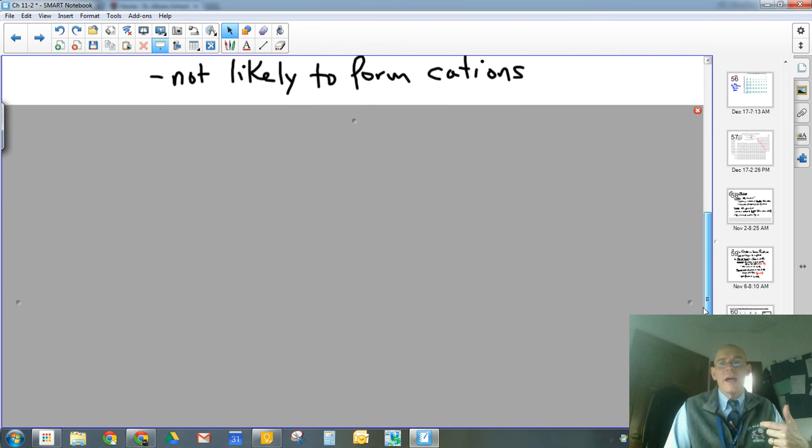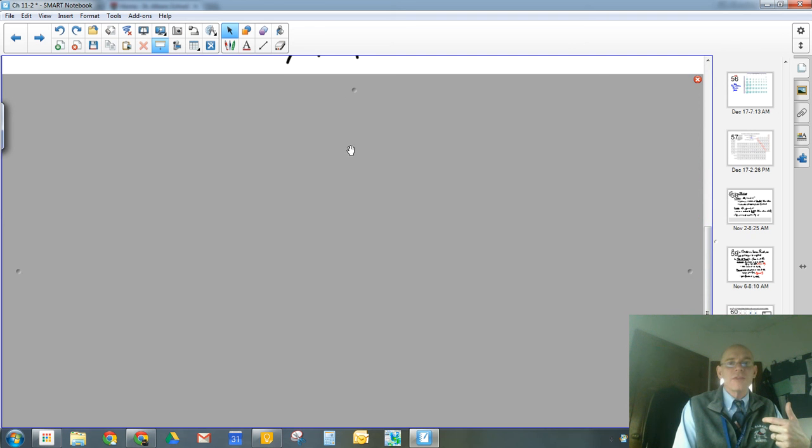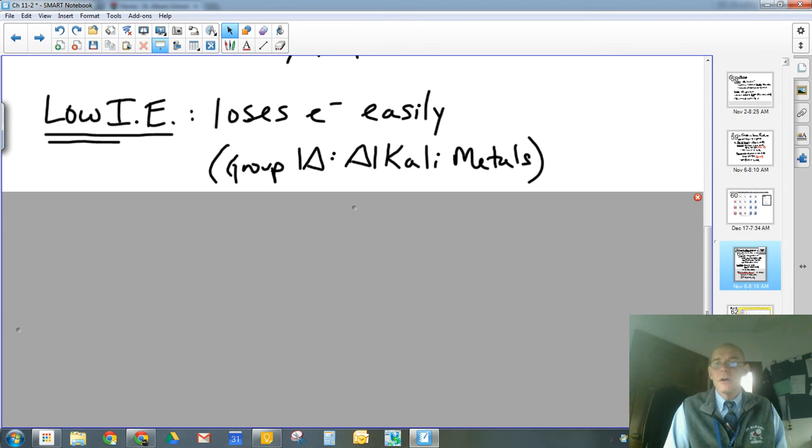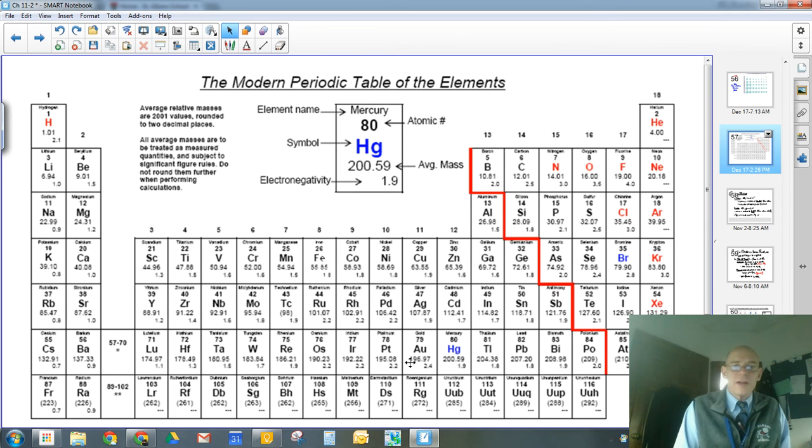Now, as you might imagine, the things that have the smallest ionization energies are the things that tend to lose electrons the easiest. And as I'm sure you know, those are the metals. Metals form cations, right? So we can say all metals have relatively low ionization energies compared to non-metals, which tend to form anions. These guys give up electrons.